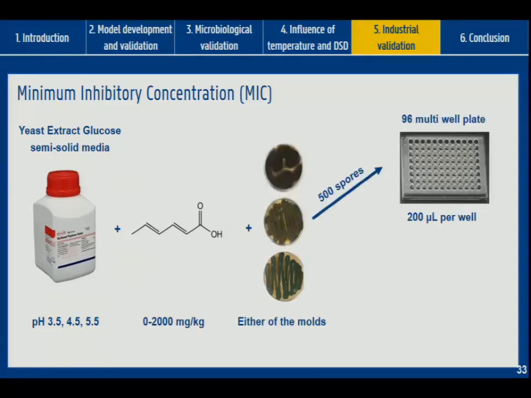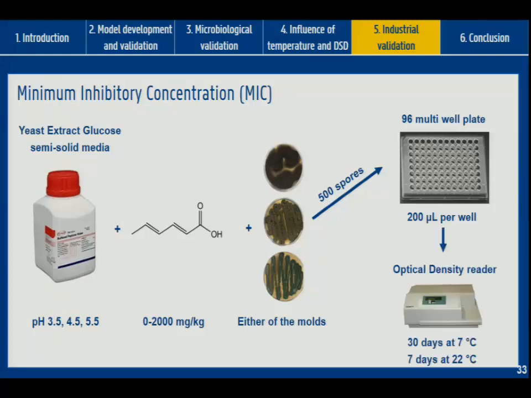Then we inoculated with 500 spores of either of the molds and placed this in a 96 multi-well plate in a volume of 200 microliters per well. We then read these plates for optical density changes for 30 days at 7 degrees and for 7 days at 22 degrees.